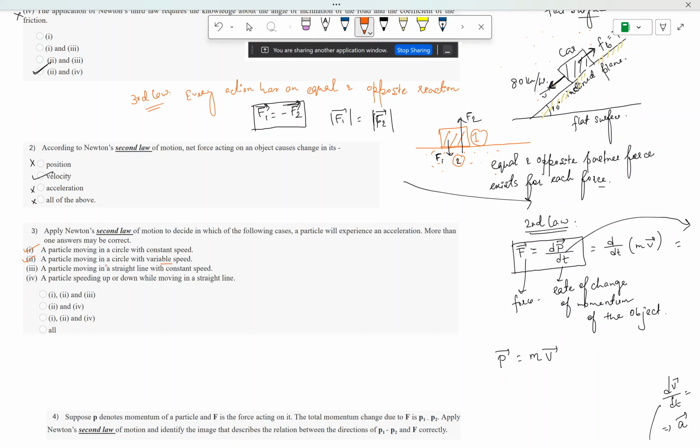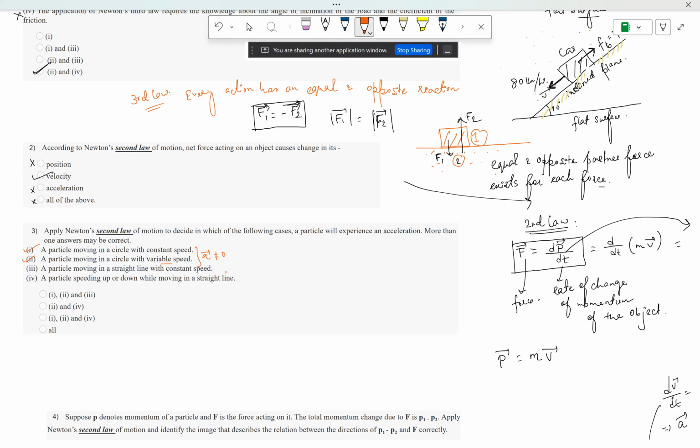That means while moving in a circle, it is not only changing the direction of the velocity vector, but also changing the speed at every point. So the magnitude of the velocity vector is also changing, so v is also changing. So now also dv/dt is non-zero and the acceleration is non-zero. So a is non-zero for both of them. Third is a particle moving in a straight line with constant speed.